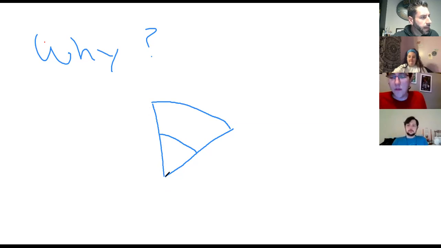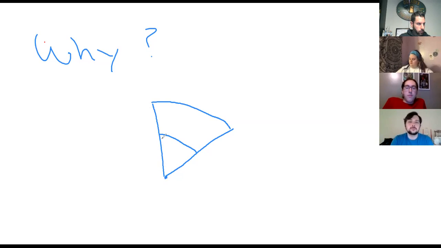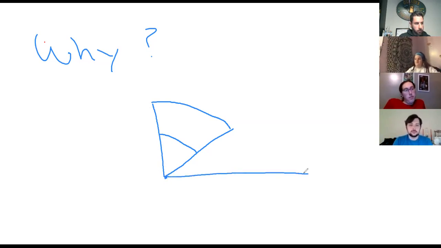So let's imagine that this is the origin. So maybe we have this, and then this is theta. But let's imagine that we're zooming in, and then what is this distance from here to here?